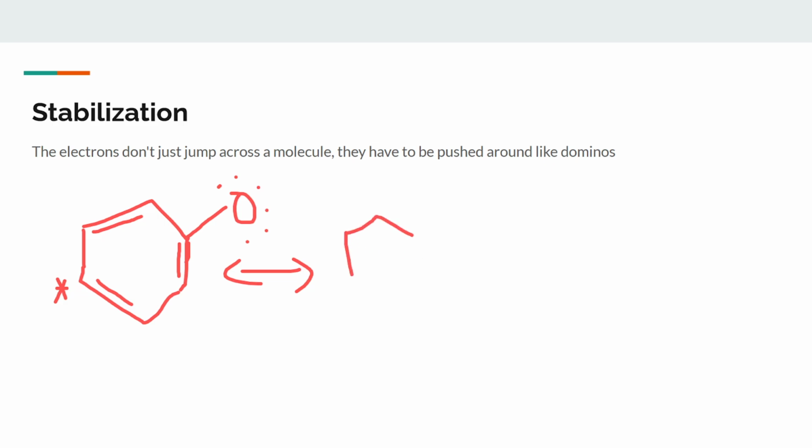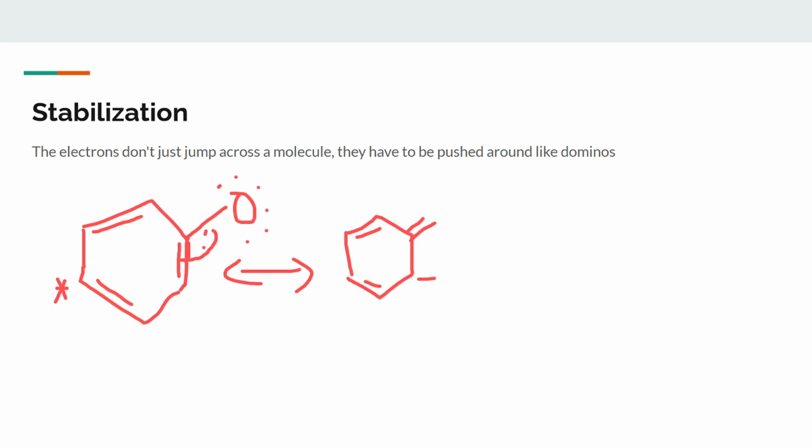This structure would first have to become this one. Wait, sorry, hold on. Yeah, right. So this double bond had to move up here.